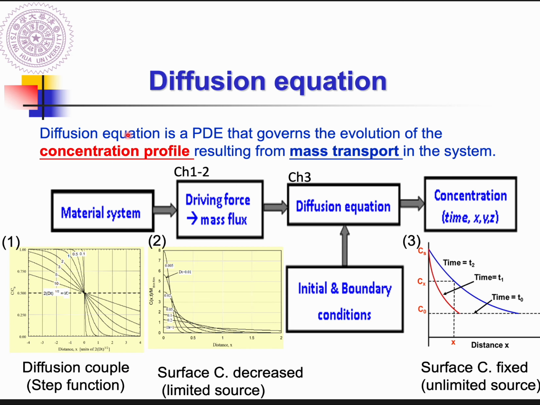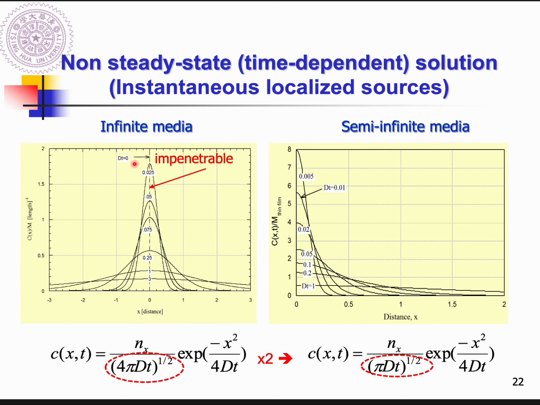Okay, so we finish the second case, with a limited diffusion source, and the characteristic for this one is that we can observe the concentration of diffusing atoms decreasing with time.